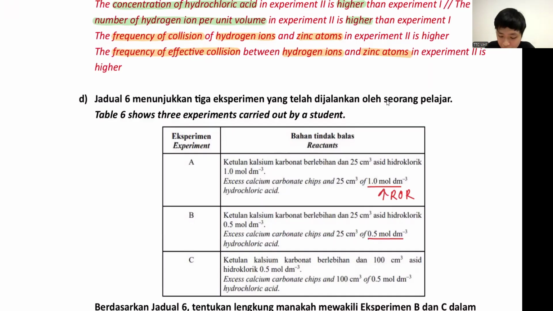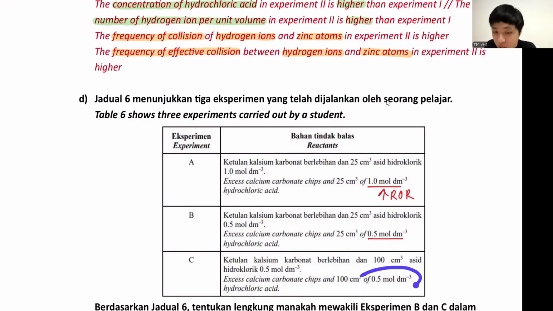B and C, concentration same, size same. So it means the rate of reaction should be the same. But actually, it will be different. People don't see it, but it will be different because for this one you add more water.